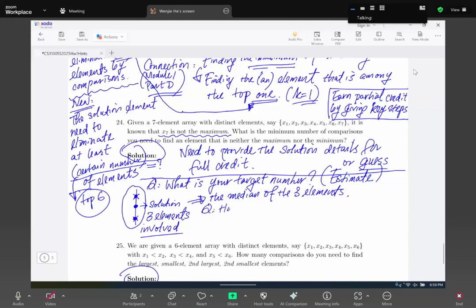Simple question, right? How many comparisons to find the median of three?